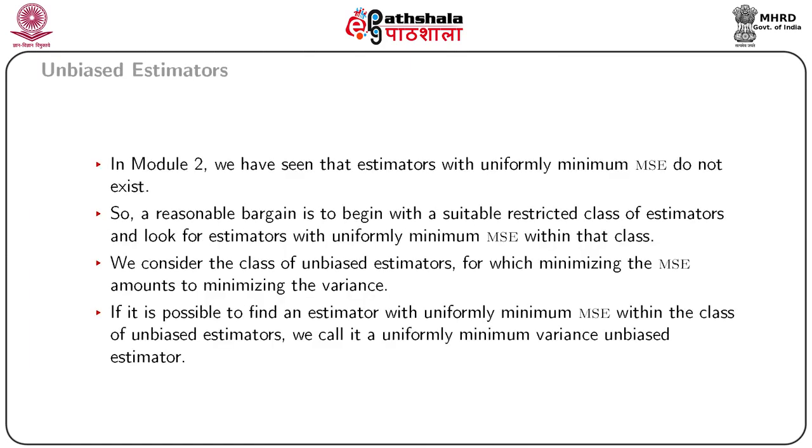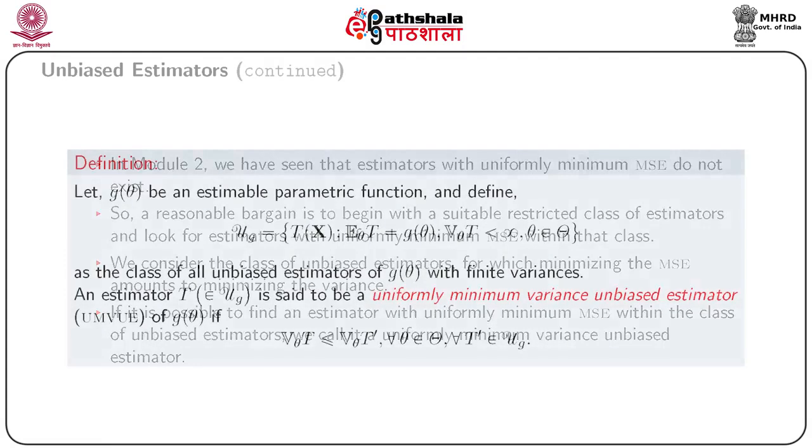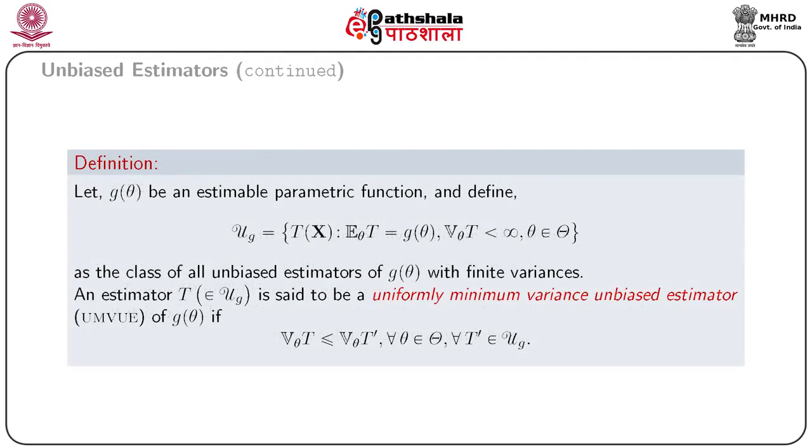In this lecture, first we shall define a uniformly minimum variance unbiased estimator, which is abbreviated as UMVUE. Let g(theta) be an estimable function of the unknown parameter theta, and U_g be the class of all unbiased estimators of g(theta) with finite variances.